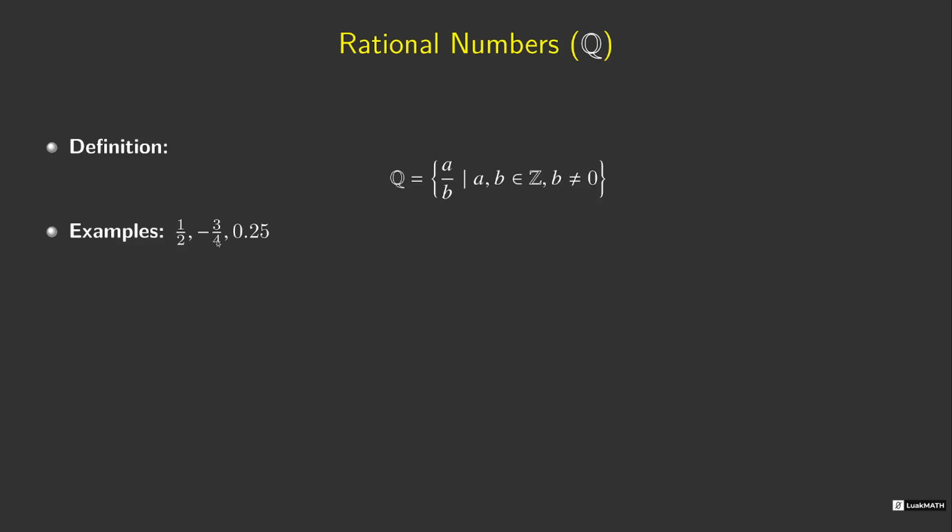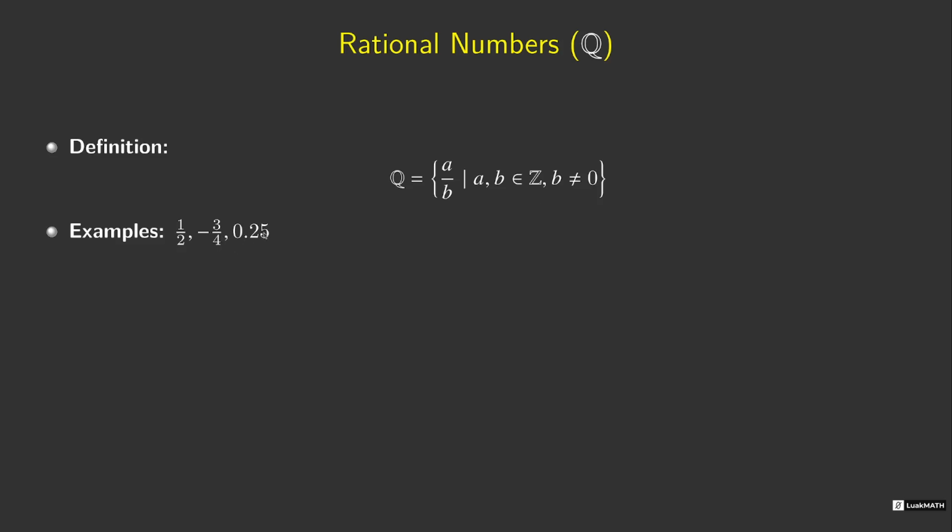I have some examples here: 1/2, minus 3/4, and 0.25. Clearly 1/2 is in this form, because 1 and 2 are integers. Minus 3/4 is the same because minus 3 and 4 or 3 and minus 4 are integers.